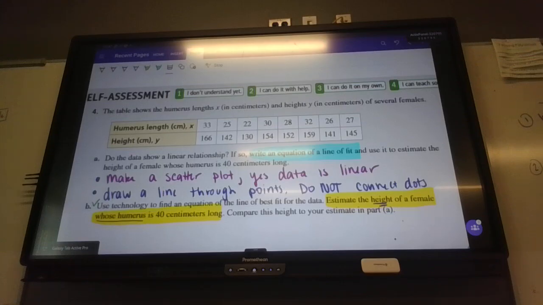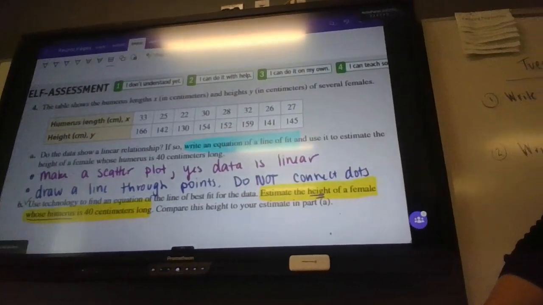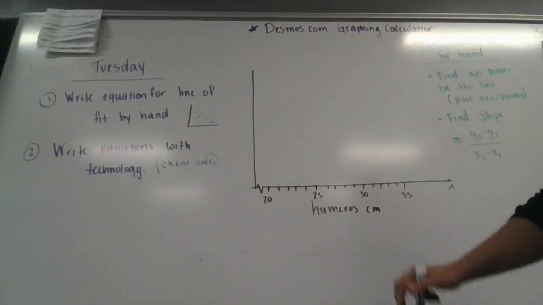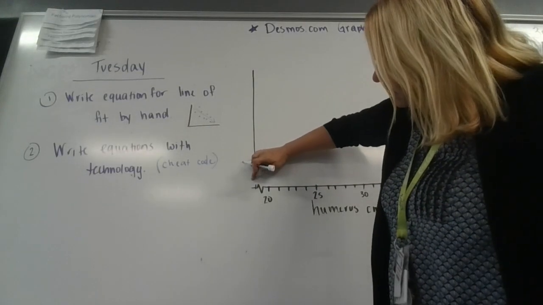On the y-axis, I'm going to break it too because I don't want to go from 0 to 130. So I'm going to break it and start at 130. And then I'm going to go by 2s so I can fit all that in.